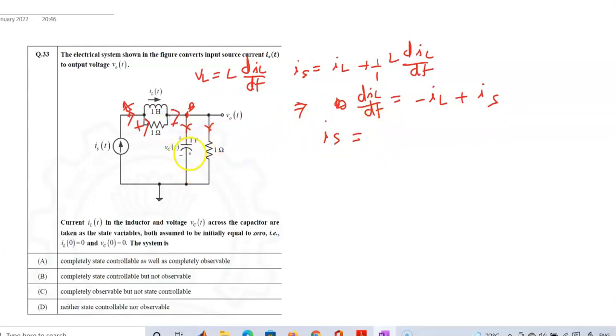This current is C dVC upon dt, plus VC upon 1 ohm, because the voltage across this is VC. C is also 1. So dVC upon dt is equal to minus VC plus IS.